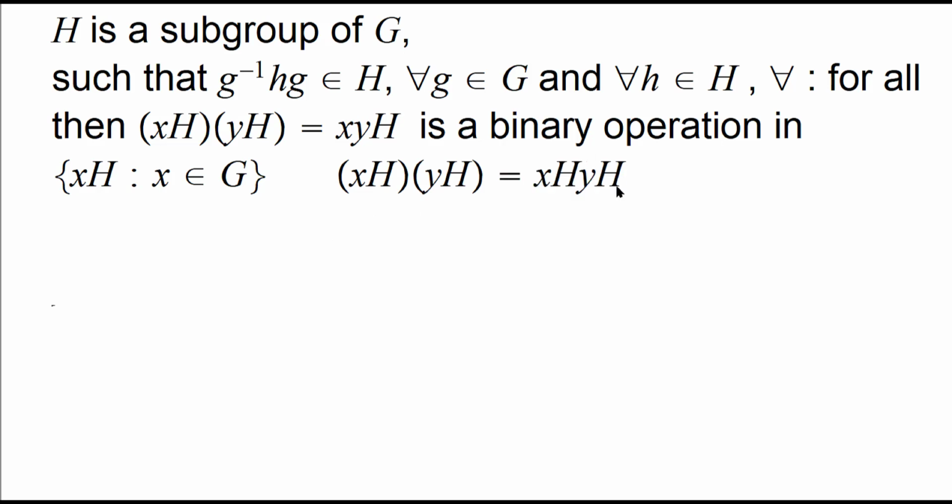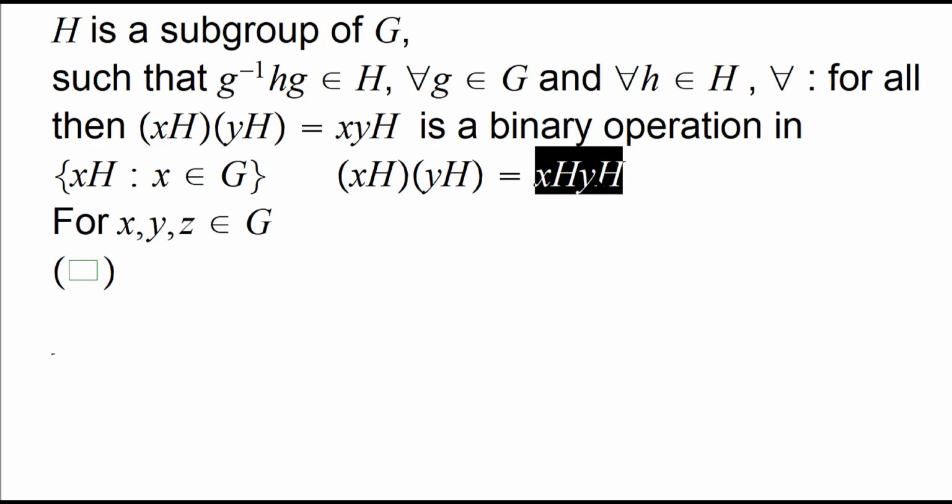All right, so this is a binary operation, and let's formally write for x, y, z in G. Say we got this, that what we are doing is actually checking the associativity.